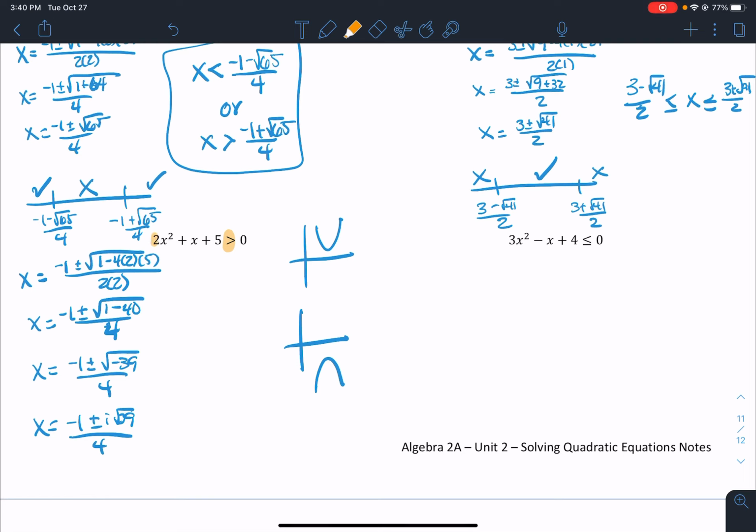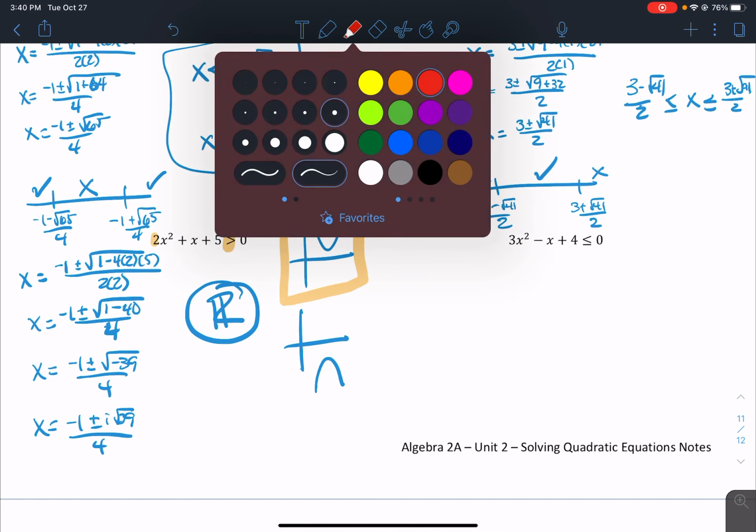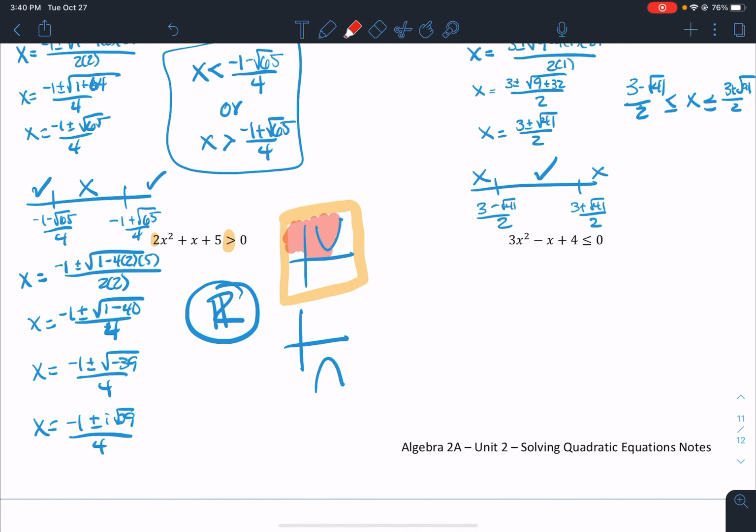And because I have a positive leading coefficient and it's concave up, this must be my situation. It must be above the x-axis. It must be concave up above the x-axis, and I want it to be greater than 0, so therefore this is all real numbers. Because this parabola exists above the x-axis. So that is greater than 0.